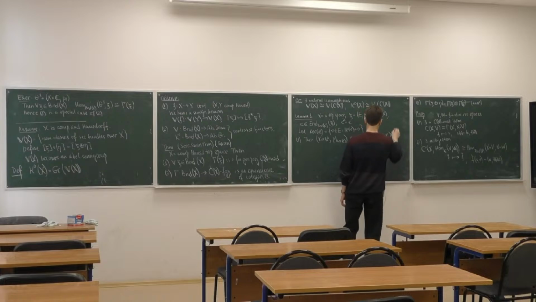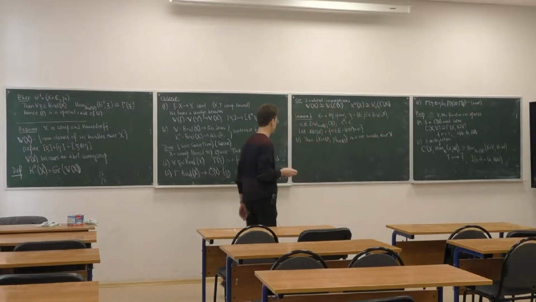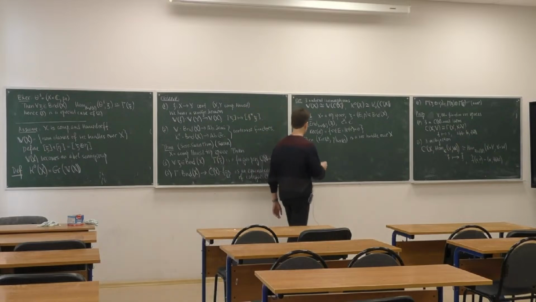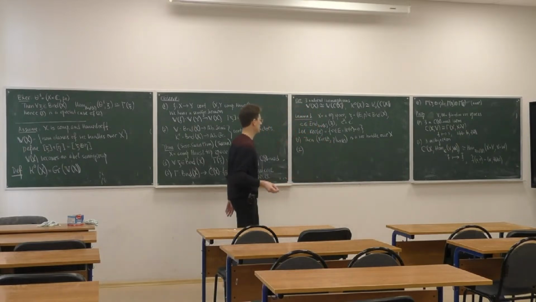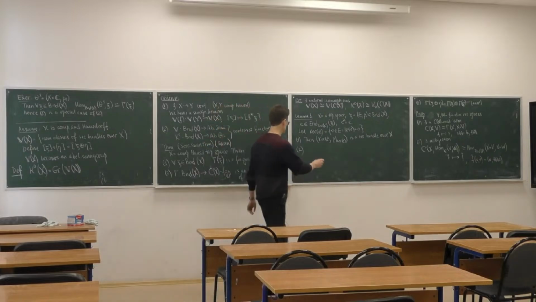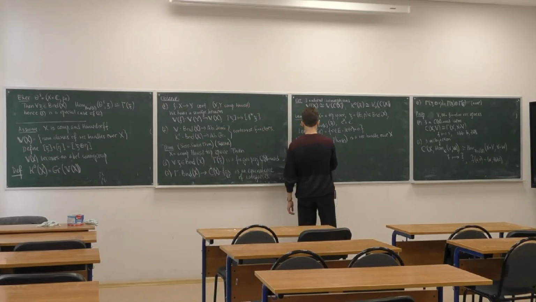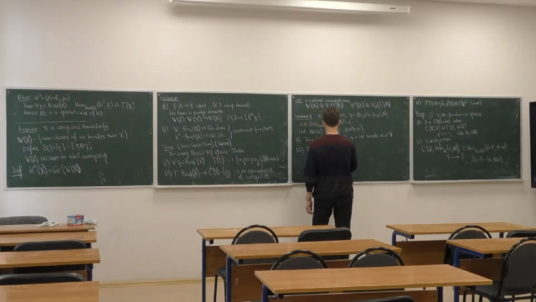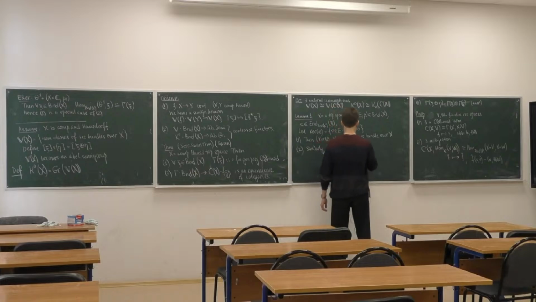It is a vector bundle over X. And similarly, we can consider the image of E. The image of E, together with the restriction of P onto this image, is also a vector bundle over X.